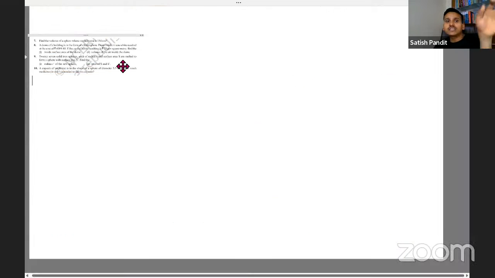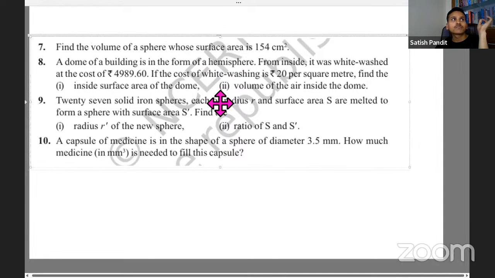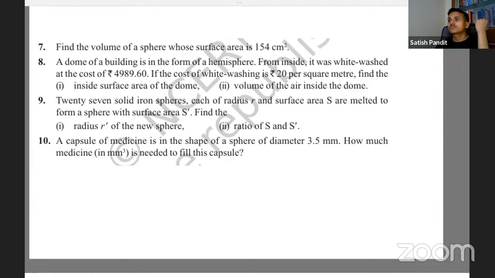Now, remaining questions, let's discuss. Seventh question: find the volume of a sphere whose surface area is given. See, to find the volume of a sphere, what is the formula? 4 by 3 pi r cube.